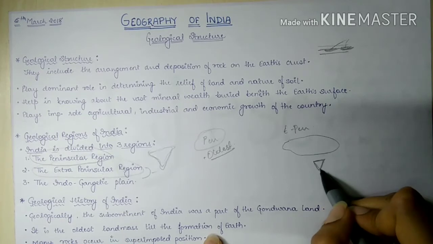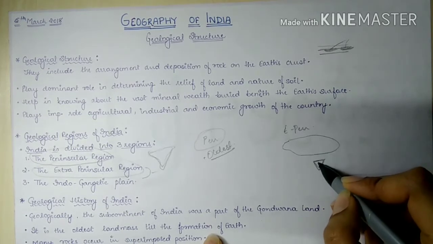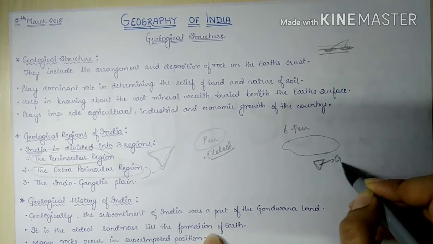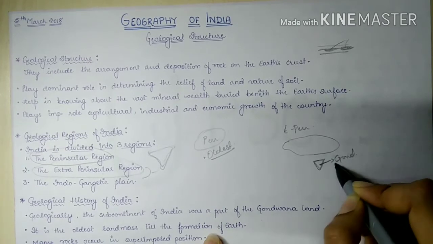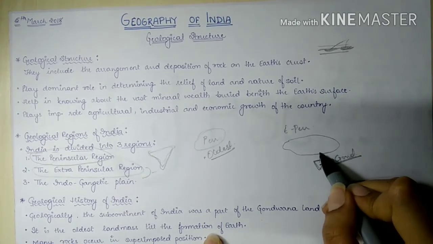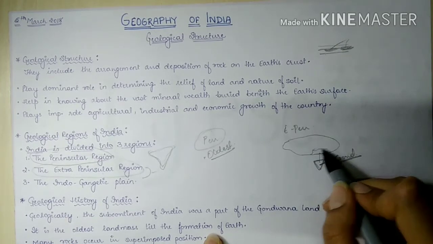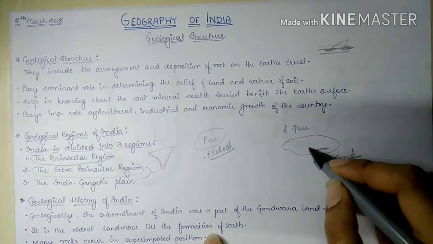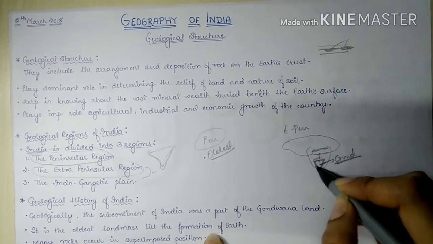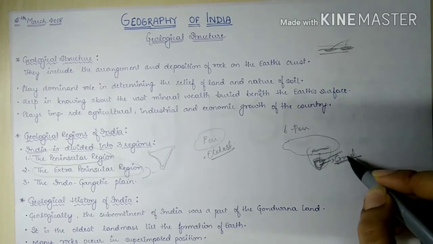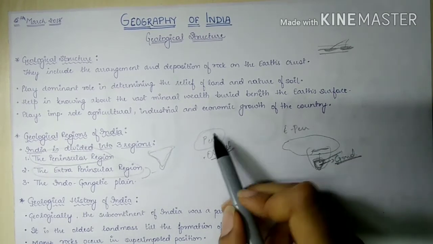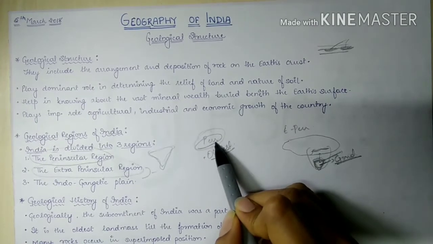This part comprised Gondwana land. Now when this Gondwana land struck the Eurasian plate, it formed the Himalayas, which we have already studied. So this plate is as it is. It comprises the peninsular region.